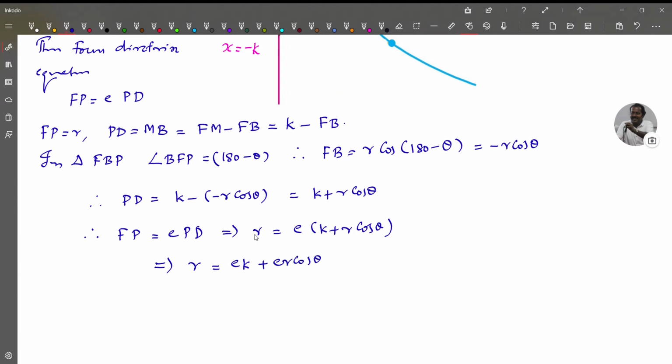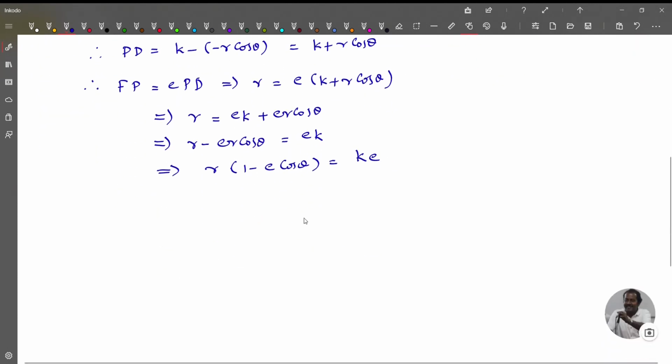This implies R minus ER cos theta is equal to EK. This implies R into 1 minus E cos theta is equal to KE. This implies R equal to KE divided by 1 minus E cos theta.